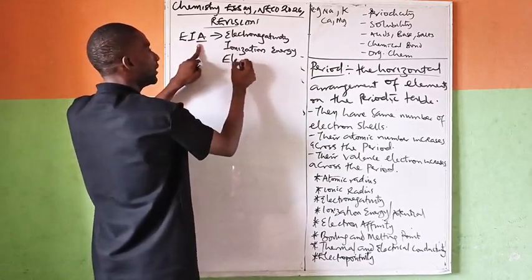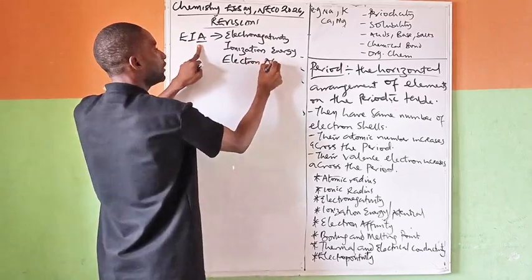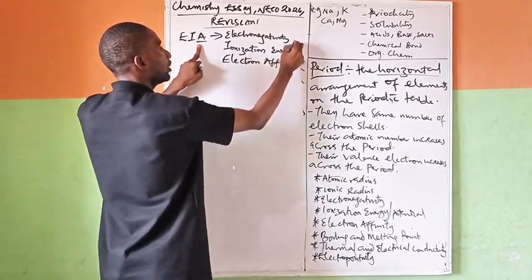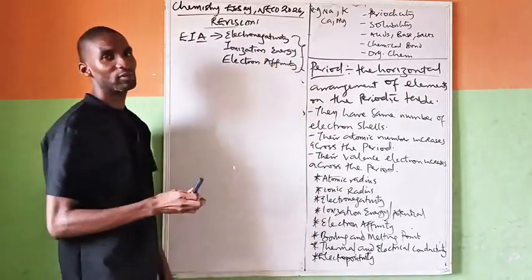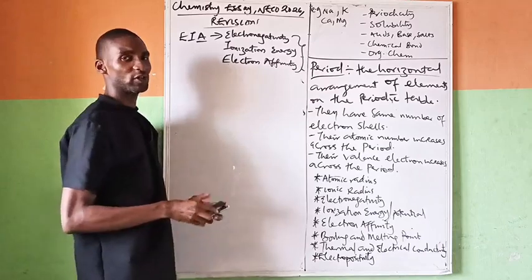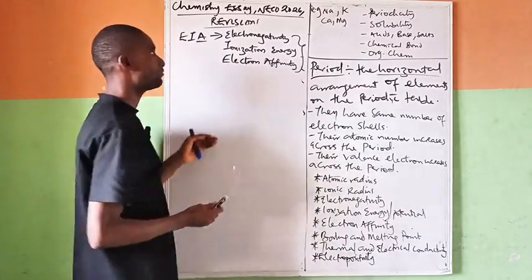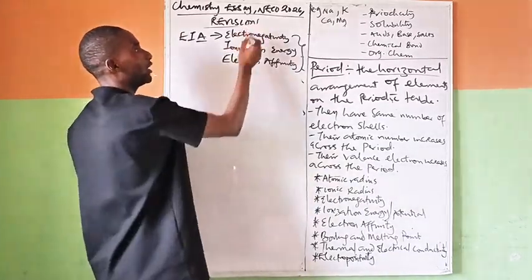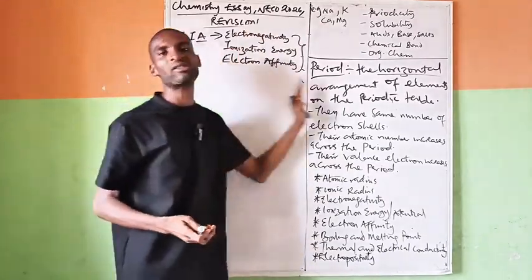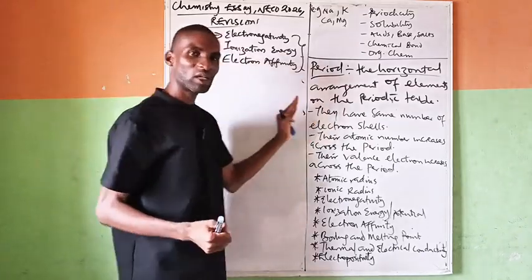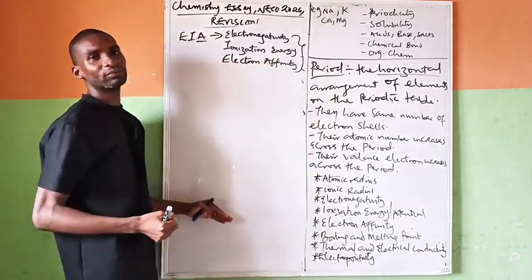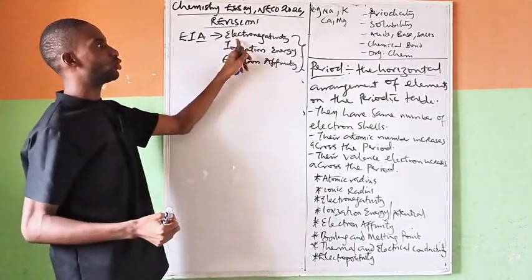You see all these three, they have the same periodicity on the periodic table. So what do I mean by same periodicity? They all increase across the period and decrease down the group. So let's define each one.